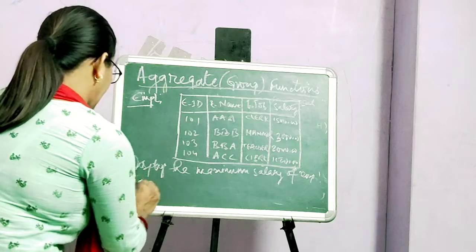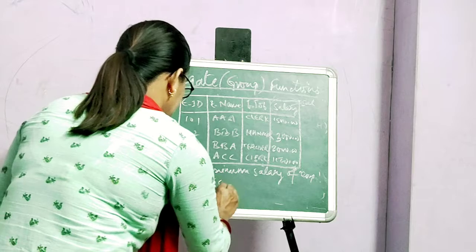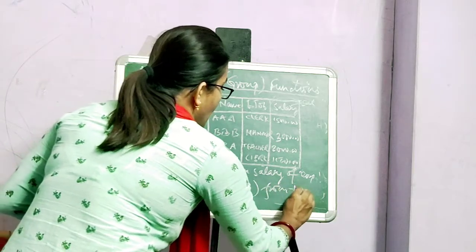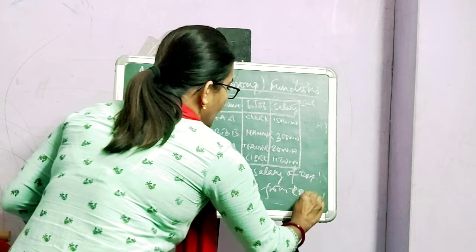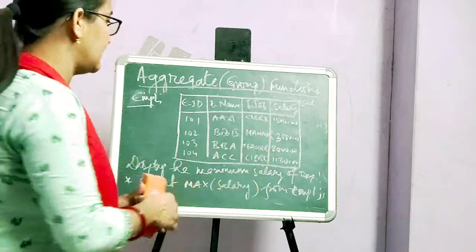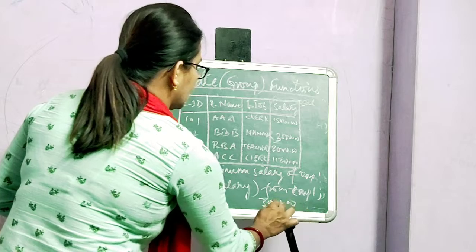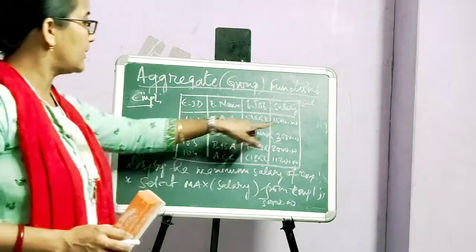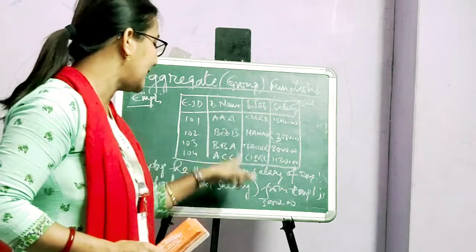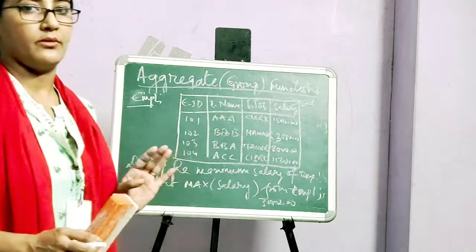Then we will simply write select MAX salary from EMPL. Means you have to display the maximum salary, then the output will be 3000. It will select the maximum from the salary column and give it as output, that is 3000.